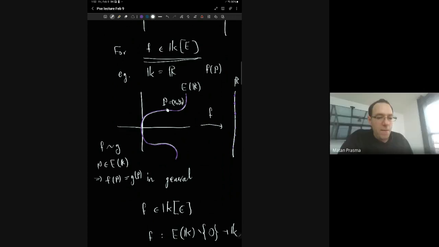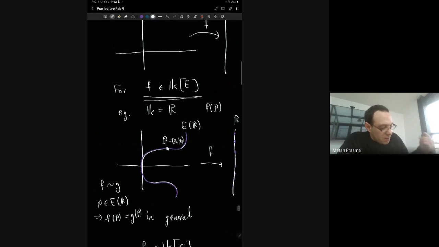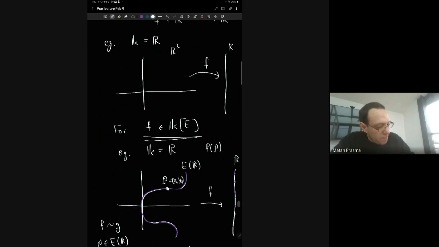Okay, so this is for the polynomials. In other words, a general polynomial in two variables gives you a function from the whole affine space, in this case R squared, into the ground field, and a polynomial over E you can think of as a restriction of a polynomial on the affine plane, restricted to the affine part of the curve.